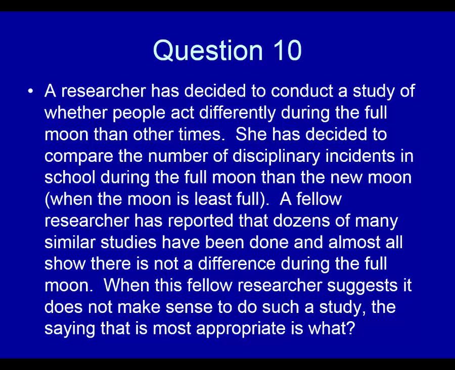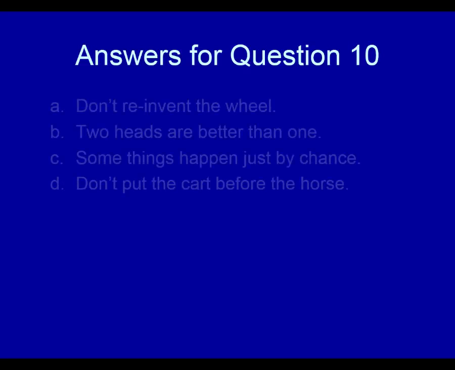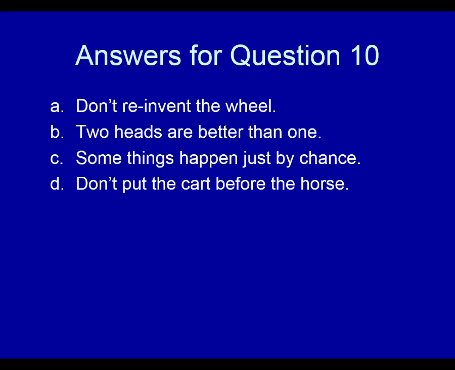Here is the basic question, which you have seen. I'll go to the answers here because we're looking at what phrase best illustrates what this situation is all about. When your research question has been well studied by others with very similar results, you might be well advised to choose a different topic for your study.